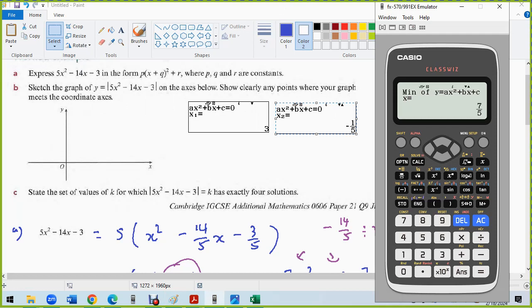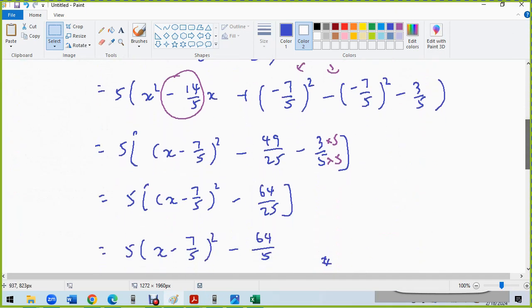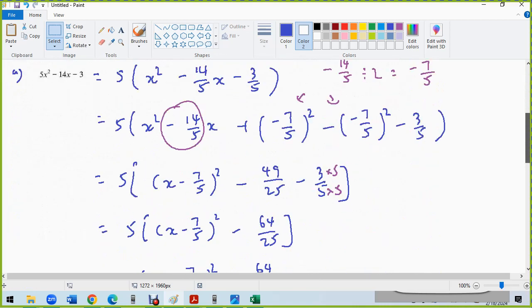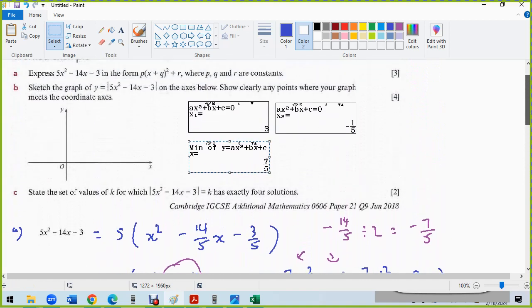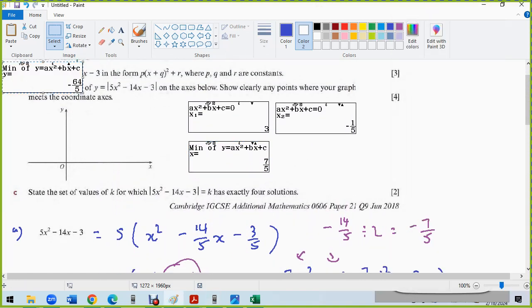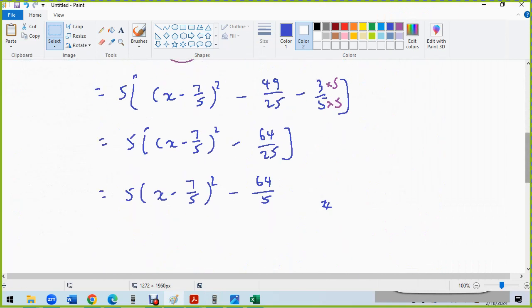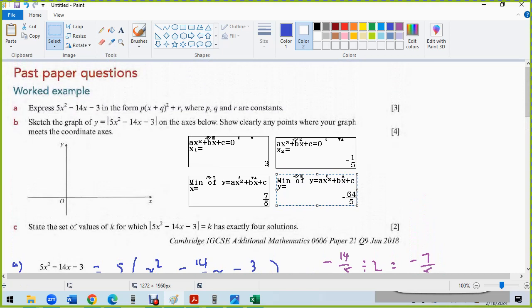So with completing the square, x minus 7 over 5 equals 0, then x equals 7 over 5, and the minimum value is negative 64 over 5. So my answer is correct.